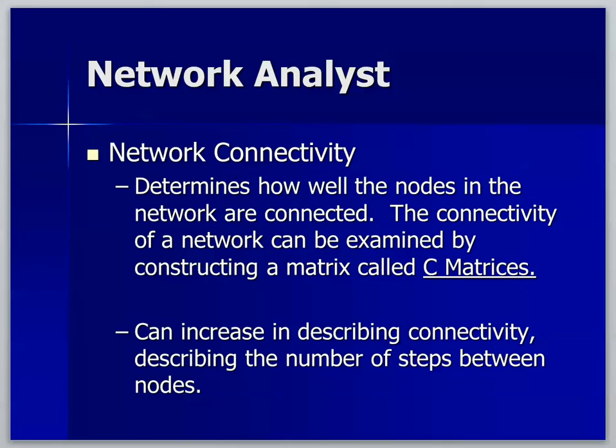Okay, so how are we going to look at connectivity? Well, pretty much this: the more connection you have, the better. And quite often that is determined by what you see here, C matrices. It's really just looking at how many options you have in your network for going from one location to another. How complex is it?